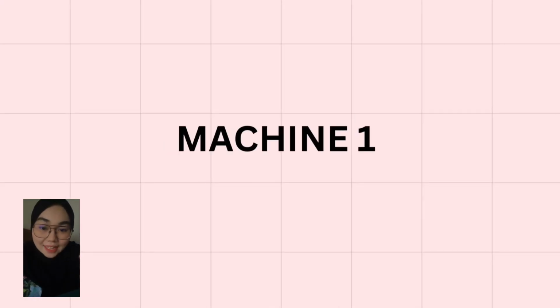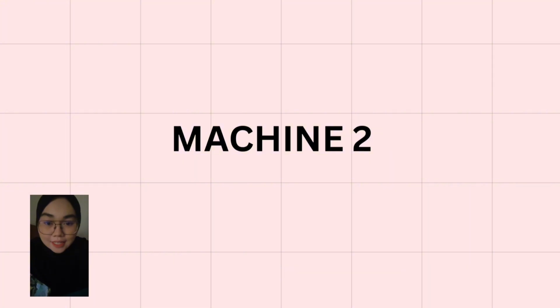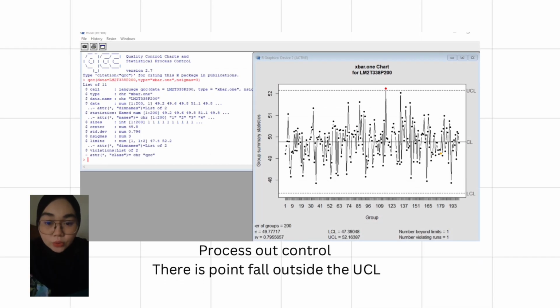Other than that, there is the X bar chart for machine 1. From the chart, we know that the process is out of control, there is a point that falls outside the upper control limit. This is the X bar chart for machine 2.